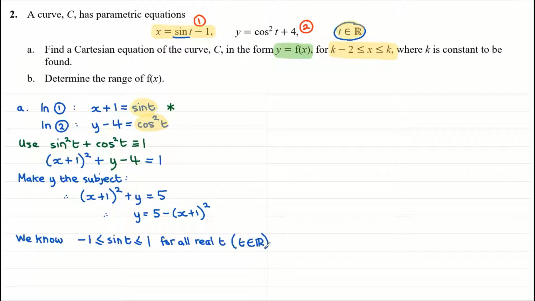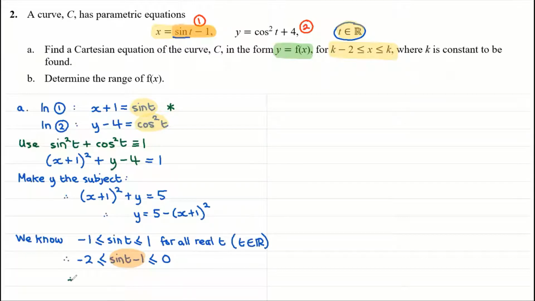So if I do sine t subtract 1, so therefore, if I subtract 1 from both sides, that's going to be -2, sine t subtract 1, and then I have to subtract 1 from the other side, that's 0. And then we know from how it's defined in the question that sine t subtract 1, I didn't just put that out of thin air, that is of course how x is defined, so we know that's the same as x.